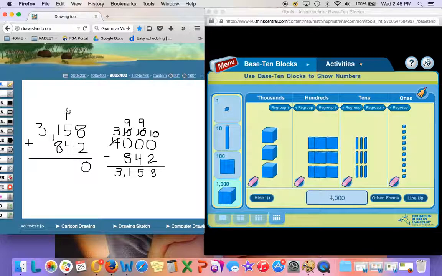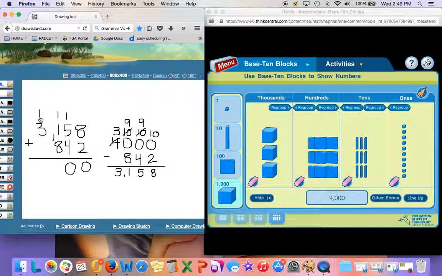So 10 tens, so we have 10 here. So 1 in the hundreds column, 0 tens. That makes 10 hundreds. That's why I regrouped it. So now I have 800 plus 100 plus 100 equals 10 hundreds.